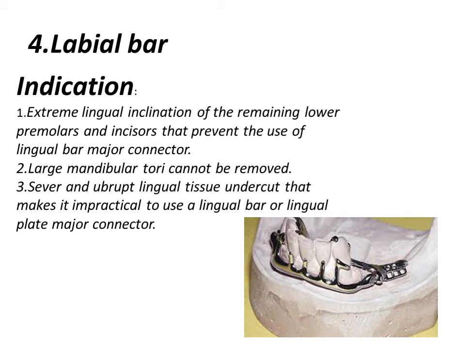Number 4, labial bar. From its name, it will cross the mucosa on the facial surface of the mandibular arch. It extends on the labial or buccal vestibule for the mandibular arch.